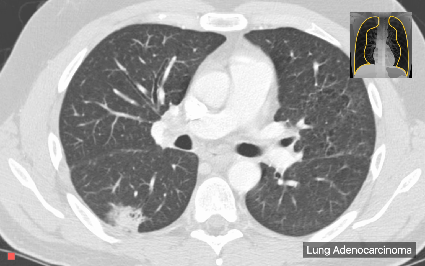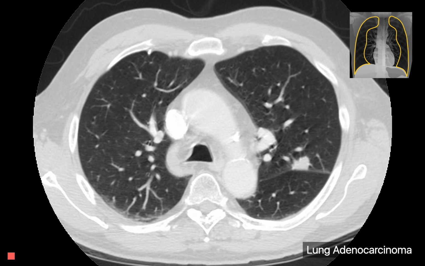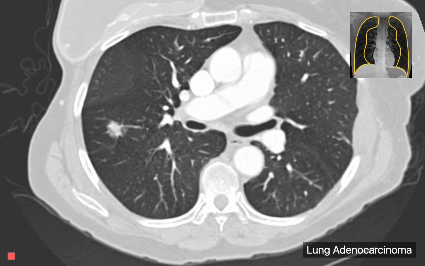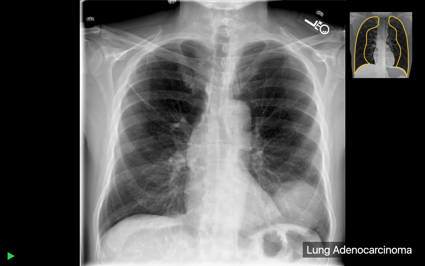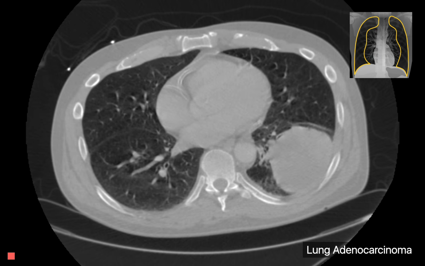Here are a few examples of invasive adenocarcinomas. And here's an invasive adenocarcinoma in the left lower lobe that presented as a large peripheral lung mass.